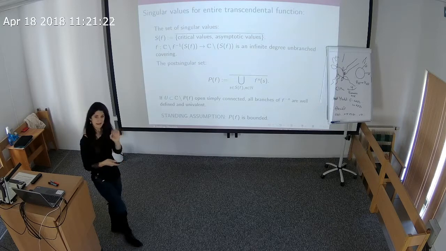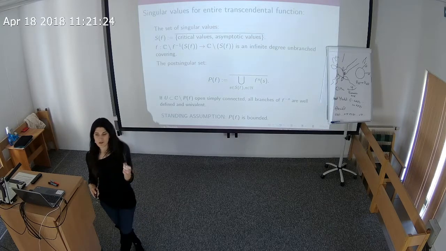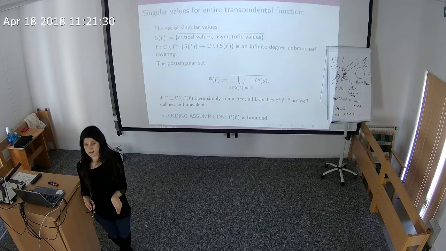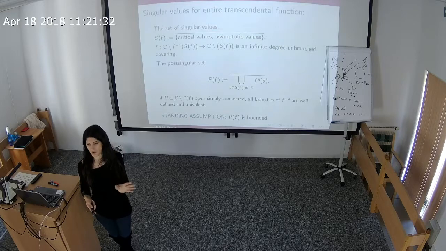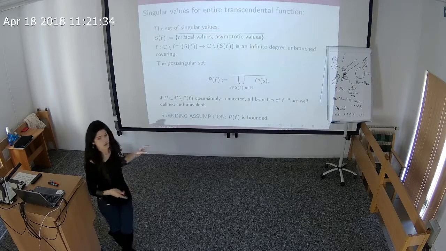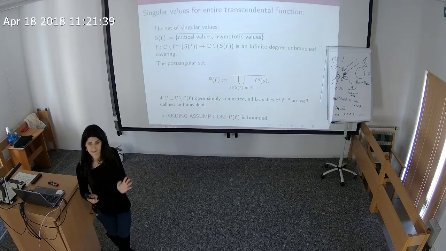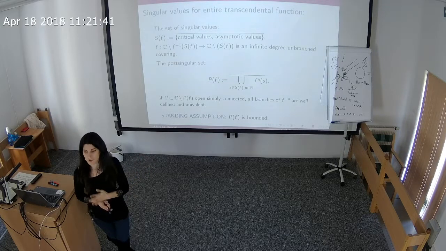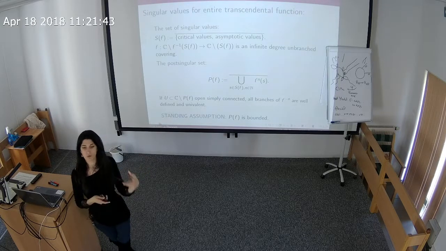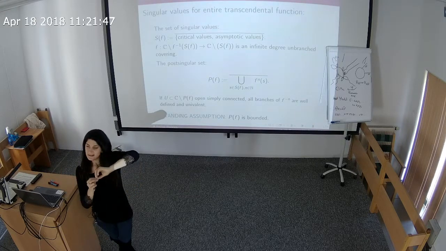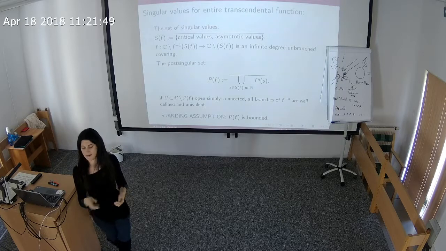And let me remark that the assumption that you are in the connectedness locus for polynomials is equivalent to saying that the postcritical set is bounded for polynomials. So this assumption is formally the same as the assumption that you need to put for polynomials in order to prove what Luna said, that periodic rays land and that repelling periodic points are landing points of rays.